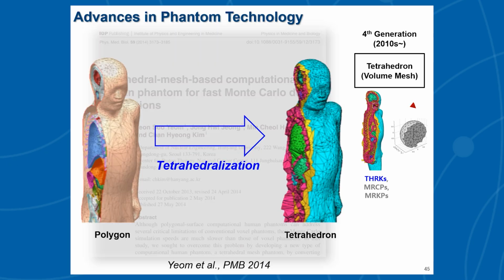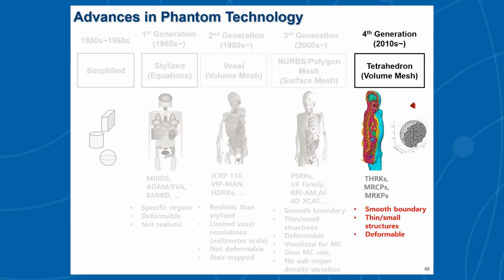These tetrahedral mesh phantoms were constructed by converting the polygon mesh phantom into the tetrahedral mesh, by filling tetrahedrons fully inside the volume of the polygon mesh, which is called tetrahedralization. As a result, we can fully maintain all the advantages of the surface phantom because we don't change any geometry of the surface phantoms.